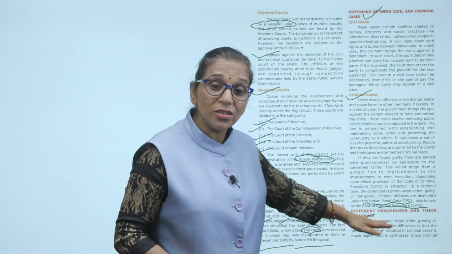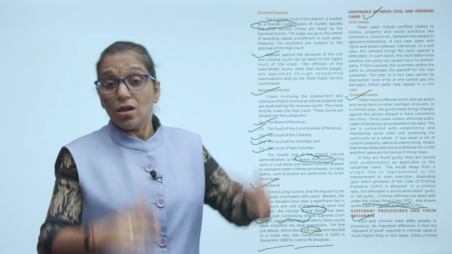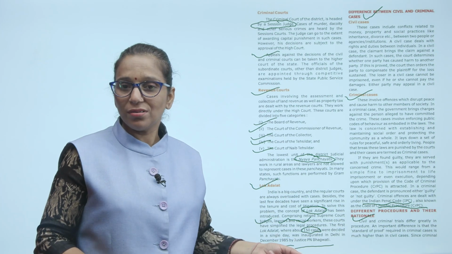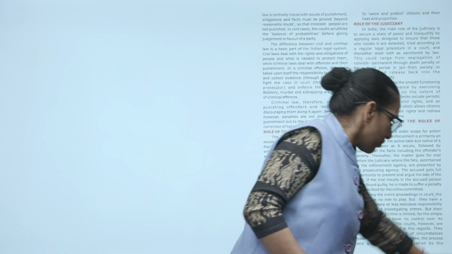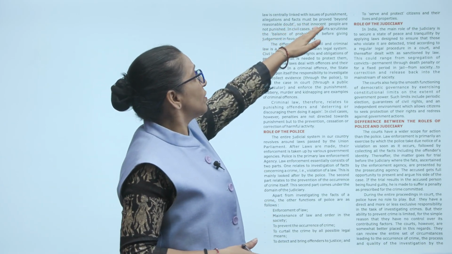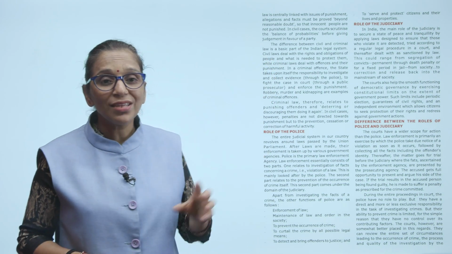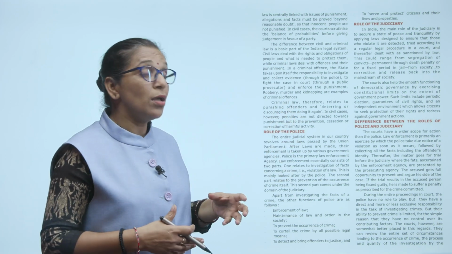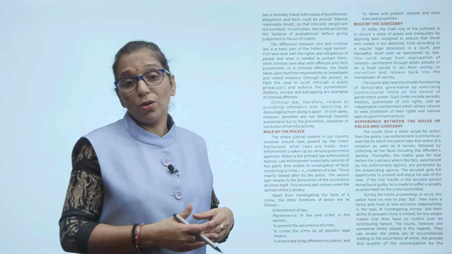Means in criminal cases we need lots of evidence, lots of proof as compared to civil cases. Since in criminal cases law is centrally linked with the issue of punishment, allegations must be proved beyond reasonable doubt, so that innocent people are not punished. Because here we can give harsh punishment, even capital punishment, even execution. So we need to prove and justify the allegation.